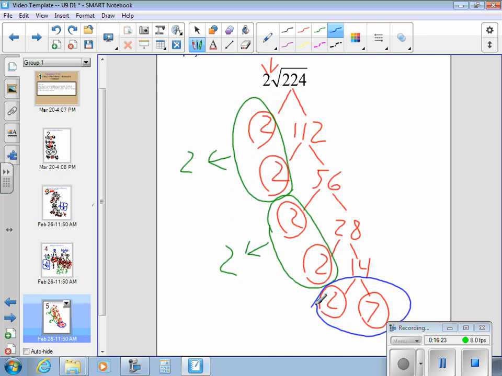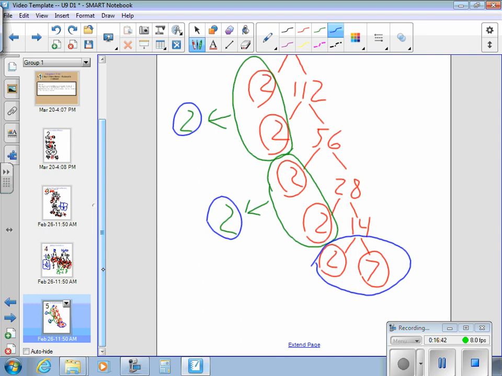Well, we had a 2 right here, and we'll multiply it by this 2 and this 2 that came from finding the square root. So we've got 2 times 2 times 2, that's 8. So we have 8 times the square root of, and what's left in the radical? Well, it's this 2 times 7, which is 14.